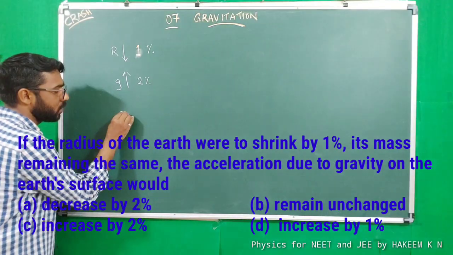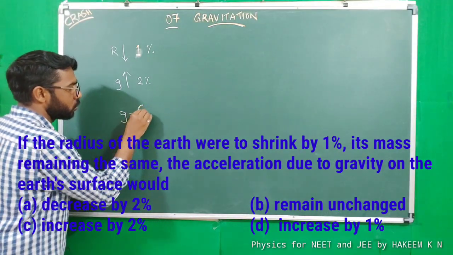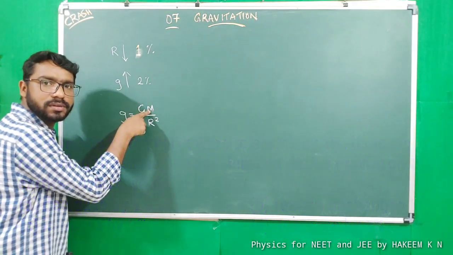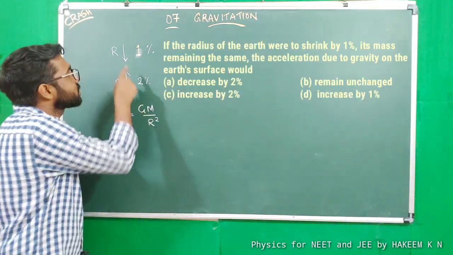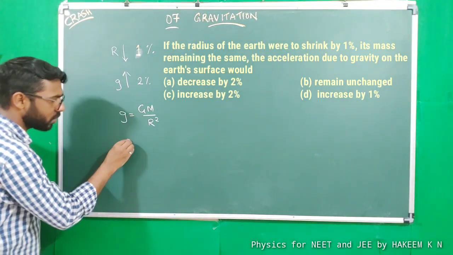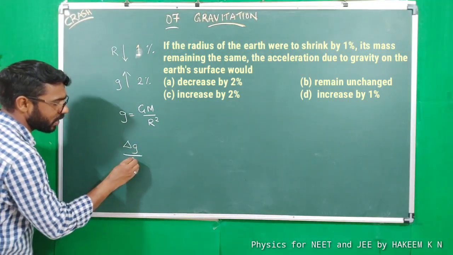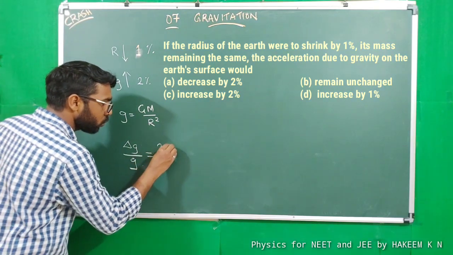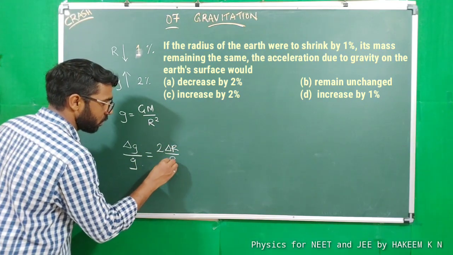Why? We know that the equation of g equals GM by r square. Here mass is constant and radius decreases by 1%. So as we did in the case of error analysis, we can say Δg by g equals 2 into Δr by r.